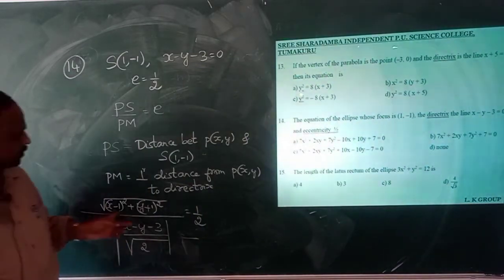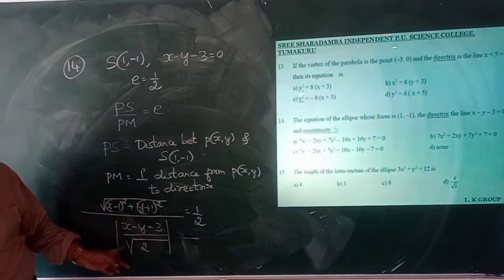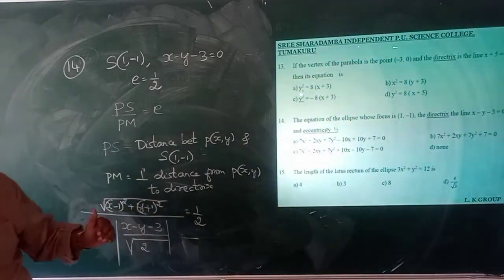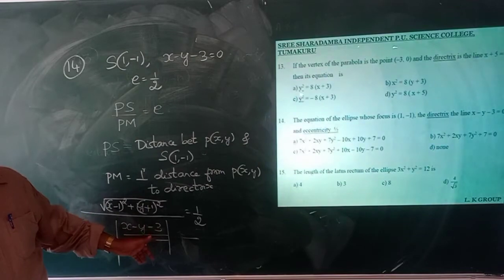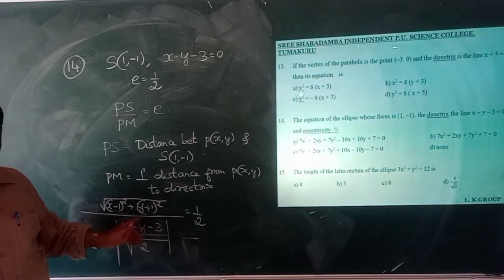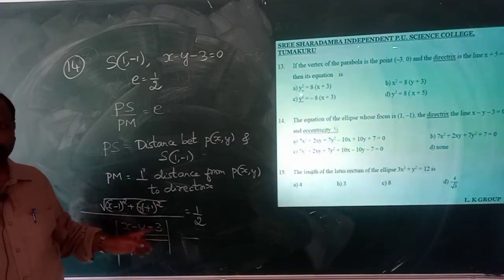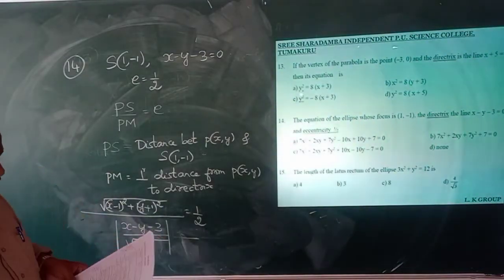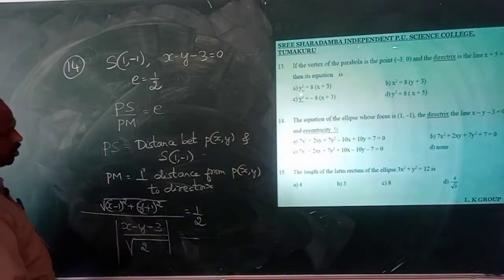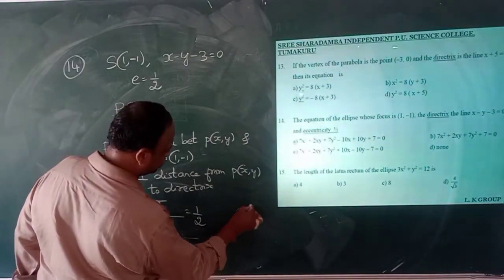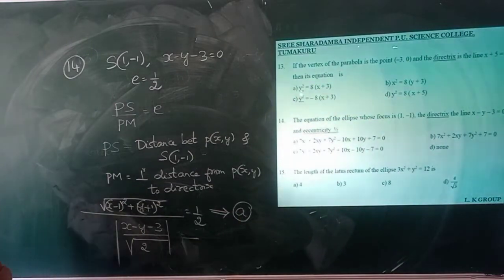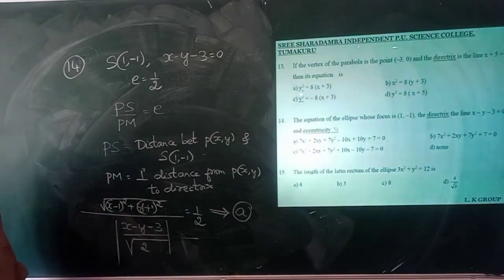So PS is the distance formula, PM is the perpendicular distance, and then the eccentricity. You cross multiply and simplify using (a - b) whole square and (a + b) whole square. After simplification, you will get option A.